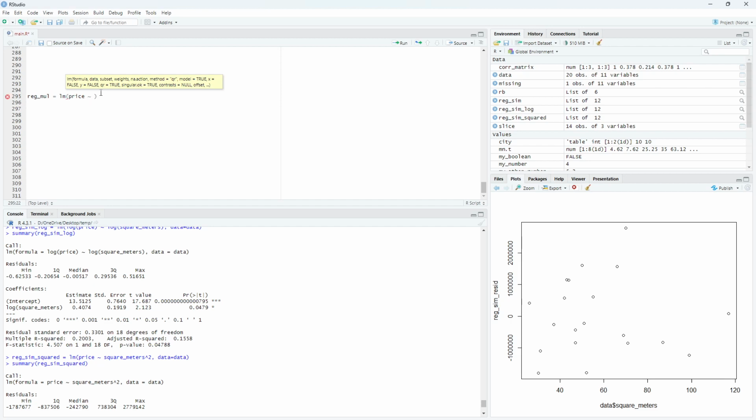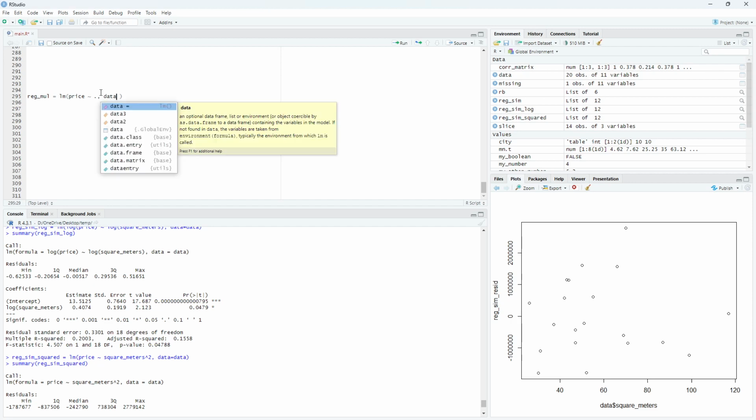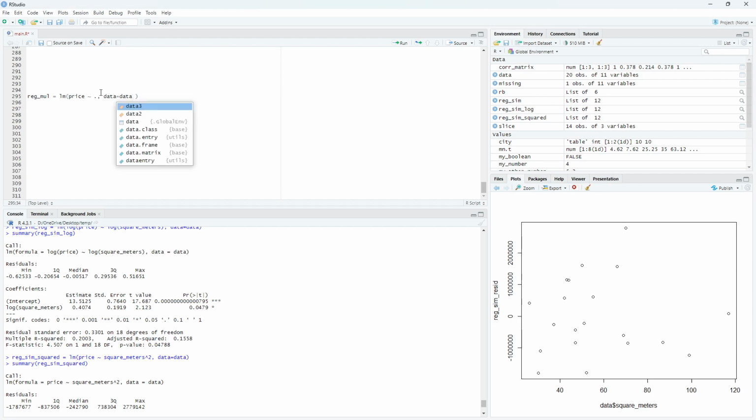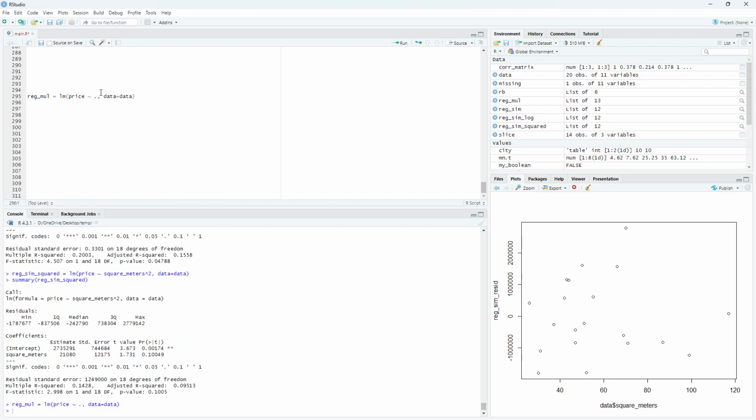If we want to test all of the other variables in our data frame versus price, then we just type this dot and data equals data as usual. So then we can just run this.